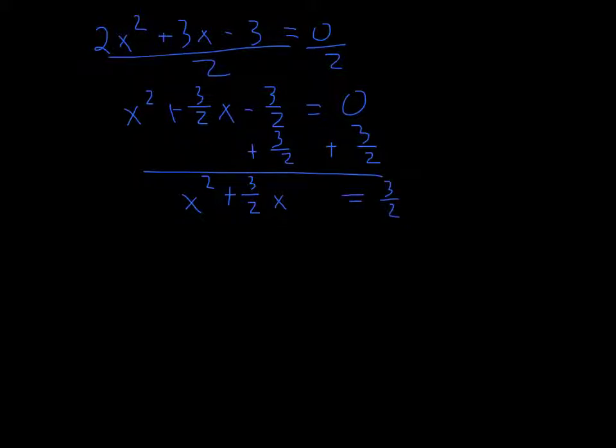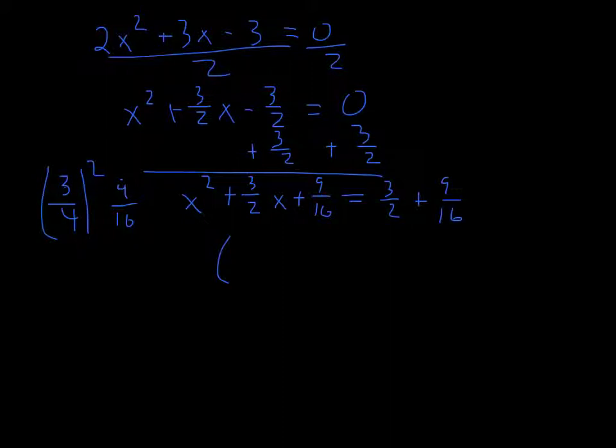Okay, half of 3/2, so it's 3/2 times a half, right? So half of 3/2 is 3/4, and then you're going to square it. So that's 9/16. So plus 9/16, plus 9/16.